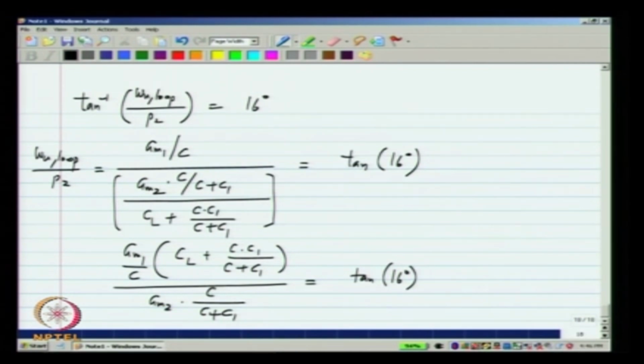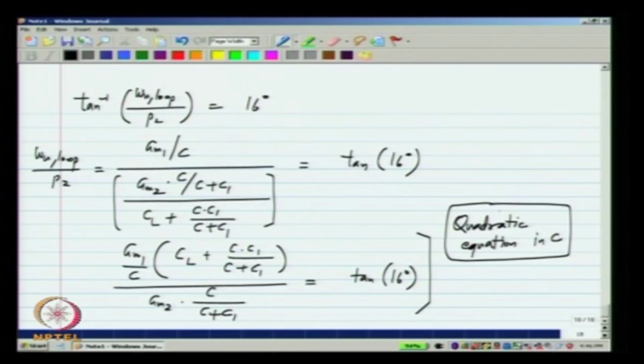Now, what comes out of this is a quadratic equation in C. So, given CL and C1 and the values of GM1 and GM2, you can solve for this.